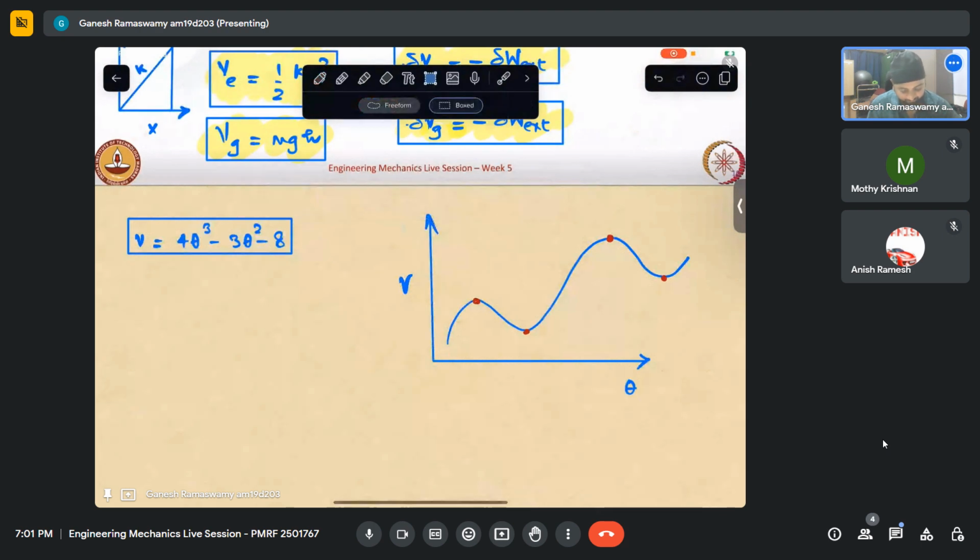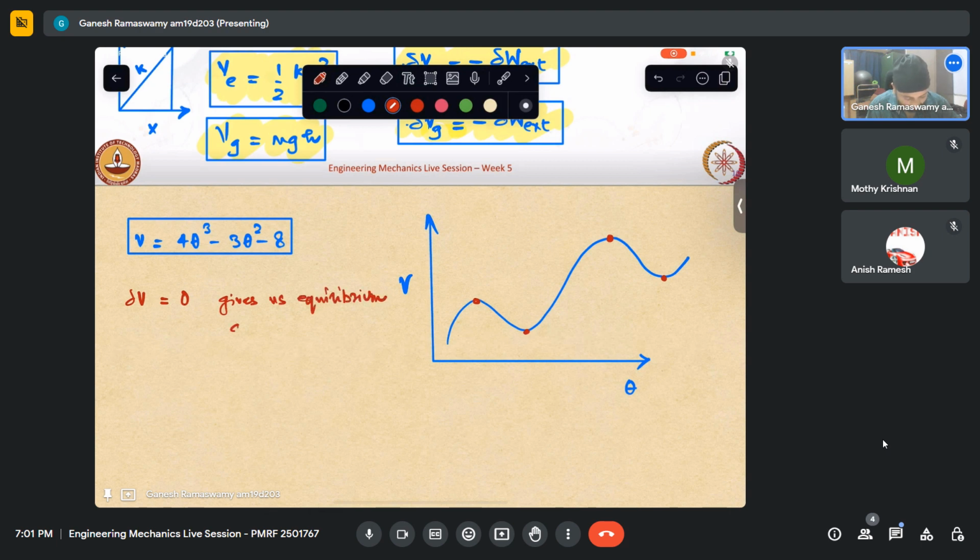So the condition V dash equal to 0 gives equilibrium configurations.